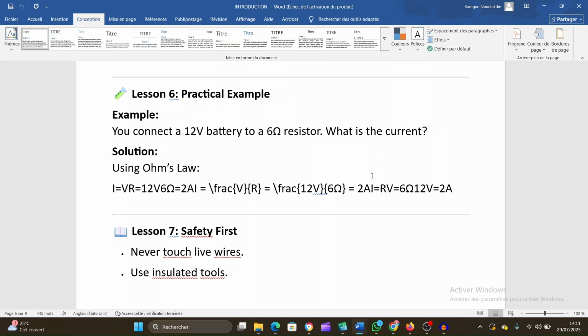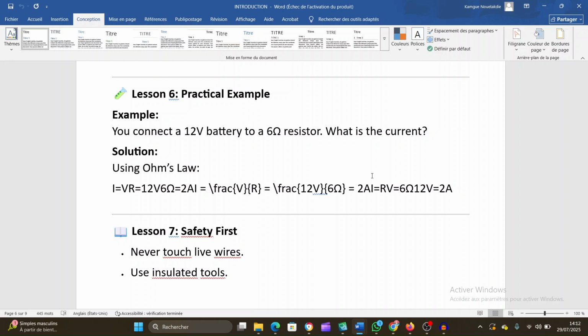You simply take I equals V divided by R. U equals I times R, so I equals U divided by R.